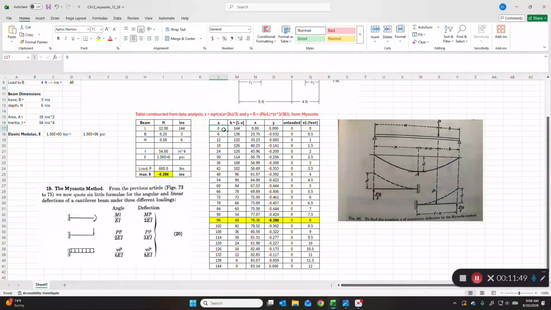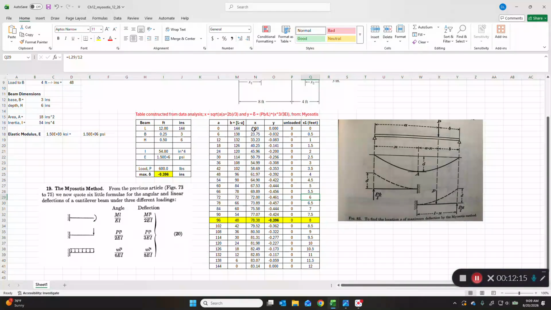So A, whatever A is, B is L minus A. So if A is 0, B is 144 minus 0. If A is 144, then B is 144 minus 144, or 0. So there's a midpoint at 72 inches where they're equal to each other, where the P load would be in the dead center, right? Half of that would be 6 feet. Okay. So I have that here on the right just for reference.